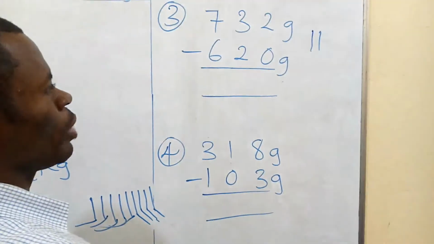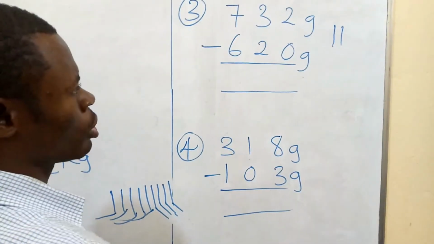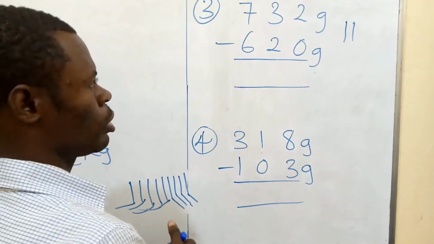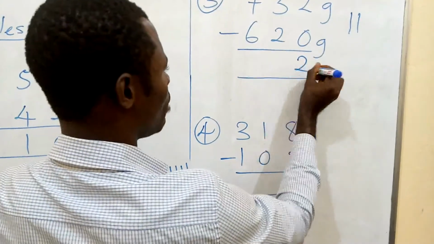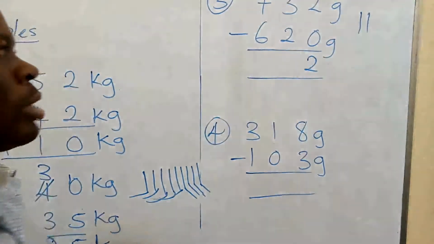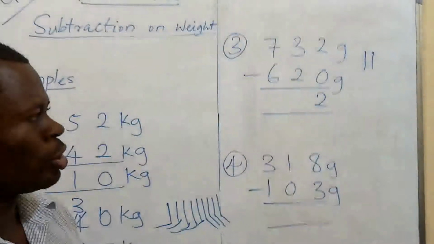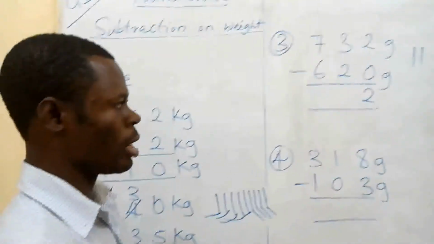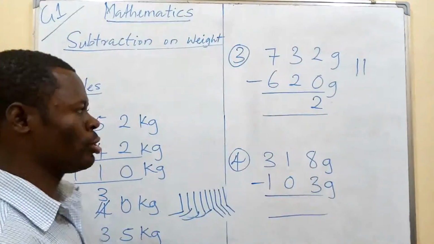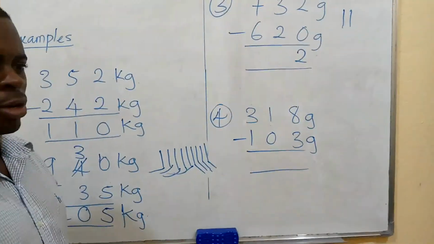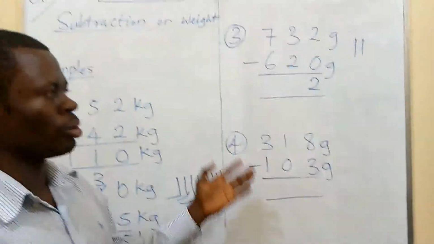So if you take away nothing, what will be left? 2 will be left. Also, let me remind you that any number minus 0 is that number. If you have 3 minus 0 is 3. 4 minus 0 is 4.